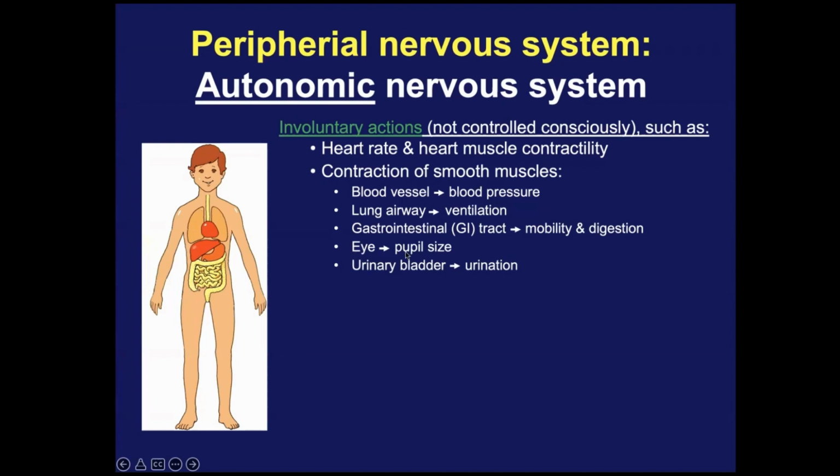In the eyes, the pupil size is also controlled by the smooth muscle in the iris. For example, when we stay in a dark room, the pupil will dilate to allow a maximum amount of light to enter the eye. But when we turn on the lights, the pupil will constrict and become smaller spontaneously.